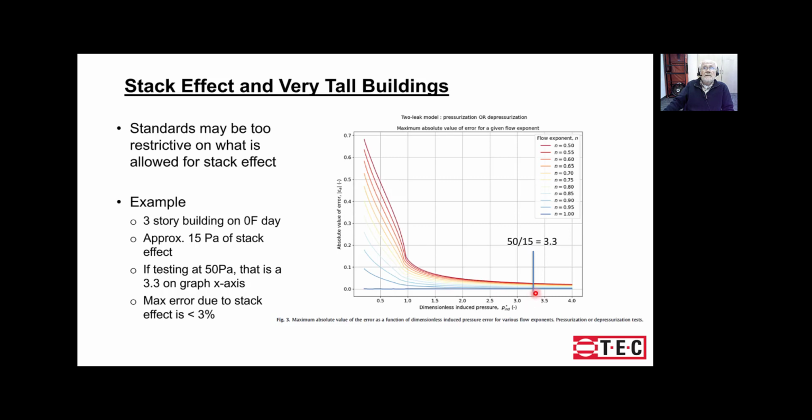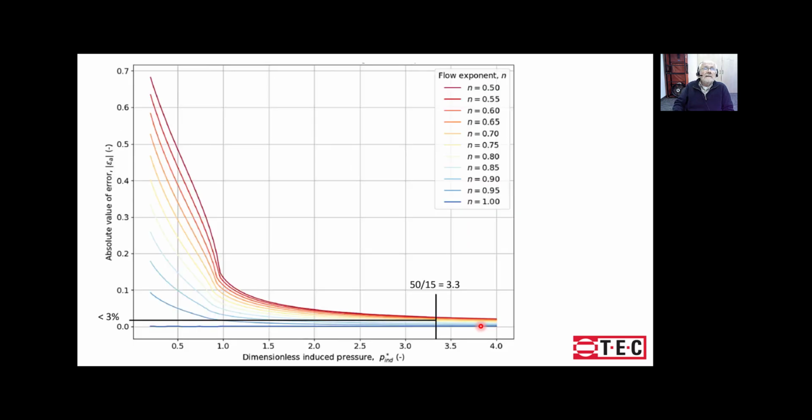So we go up until we get to the line, and we'll assume that an average typical exponent for a building is 0.65. So I'm going to go up to the line that's just starting to turn orange. In this part of the graph they're all so close together that you can't really see. Oh, I can go to the next slide and we're going to zoom in.